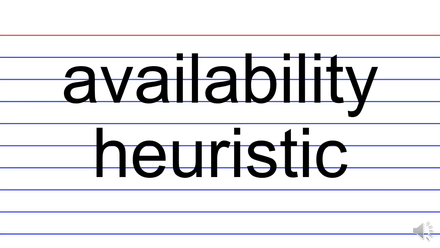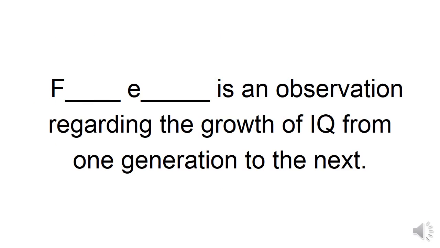So Wikipedia, or rather, better yet, YouTube it if you want to know more about it. This is just a quick thing. I'm not trying to do an expository on the topic, else it would defeat the whole purpose of index carding. F blank E blank is an observation regarding the growth of IQ from one generation to the next.